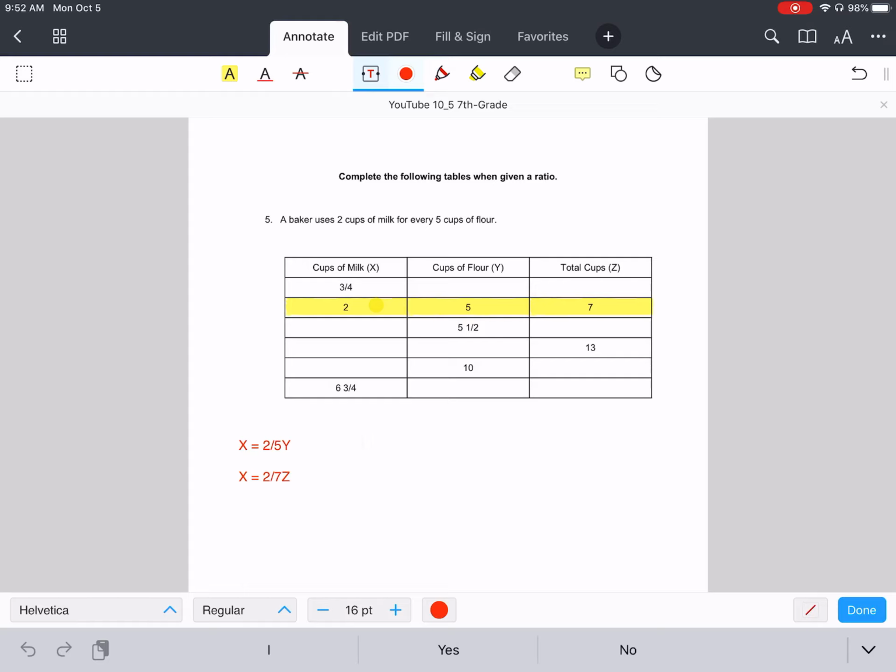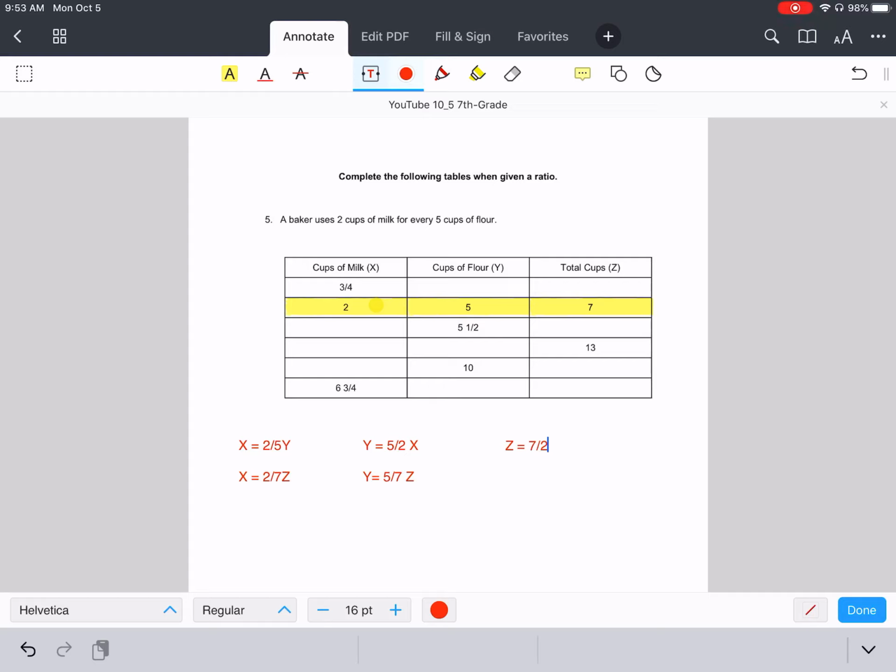Next set of equations, we can see that y equals 5 and x equals 2. So y equals 5/2 of x. Again, y equals 5 and z equals 7. So y equals 5/7 of z. Last set, z equals 7 and x equals 2.